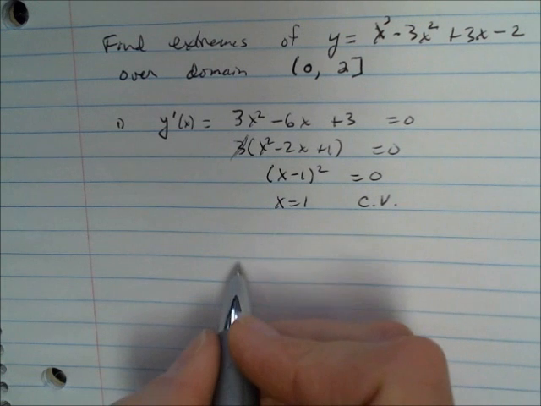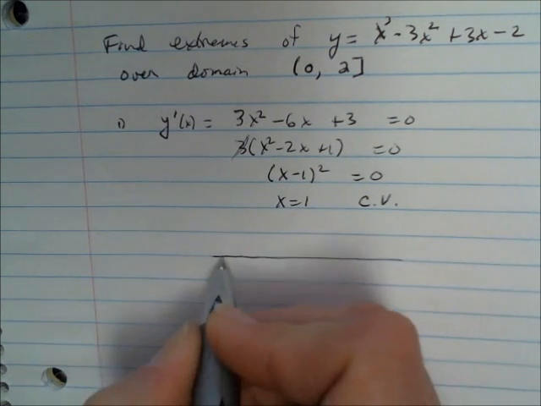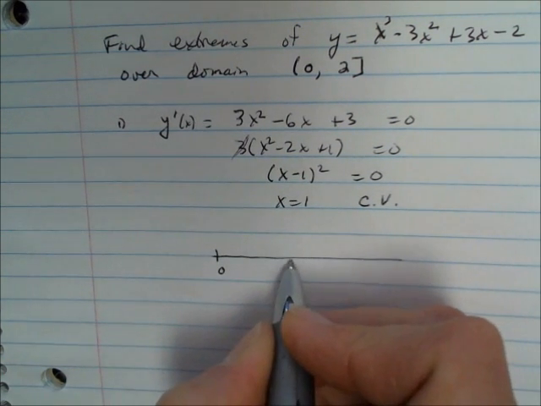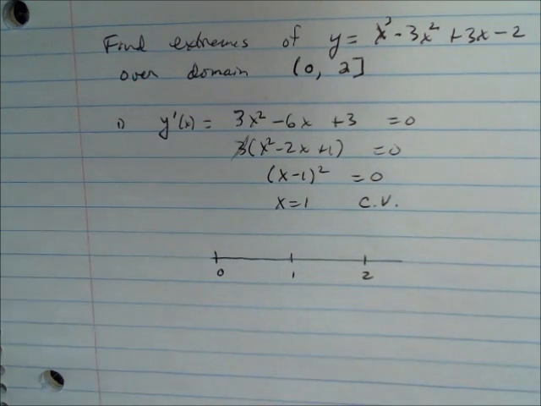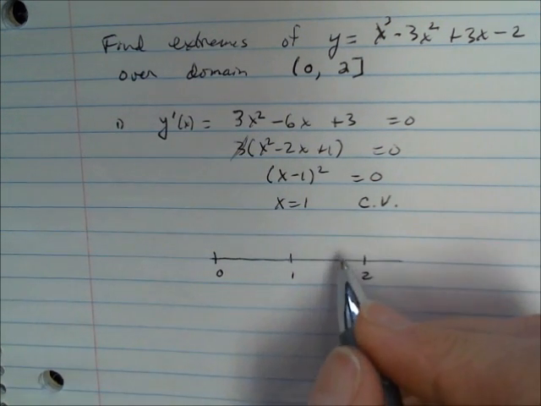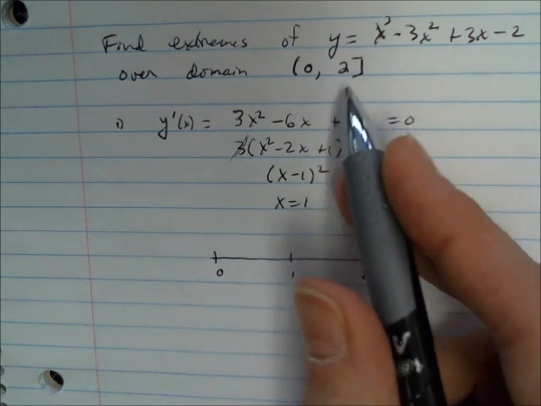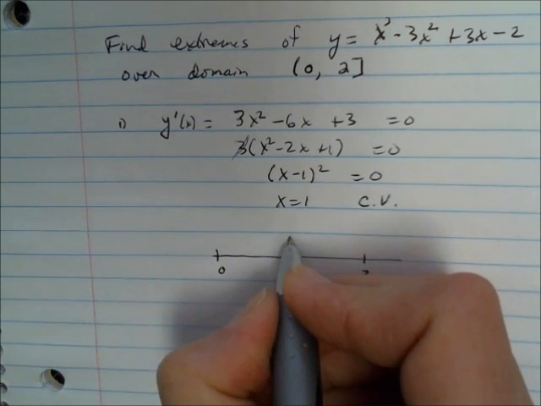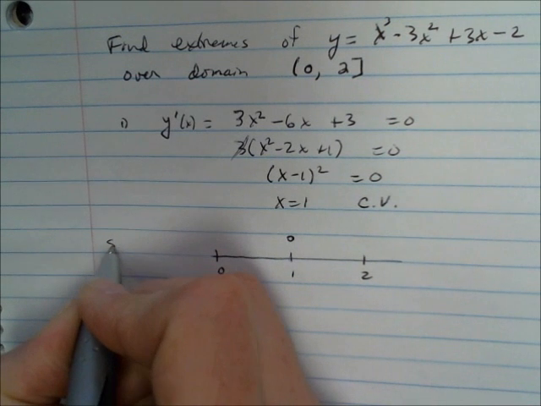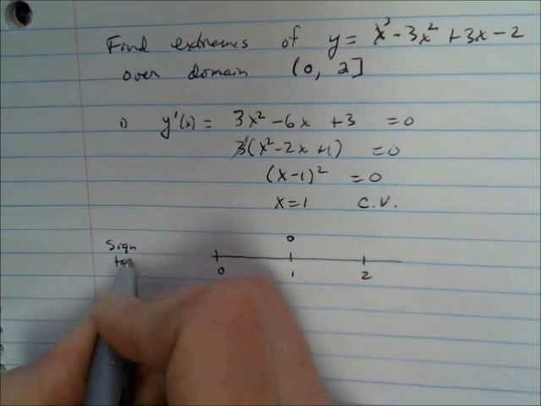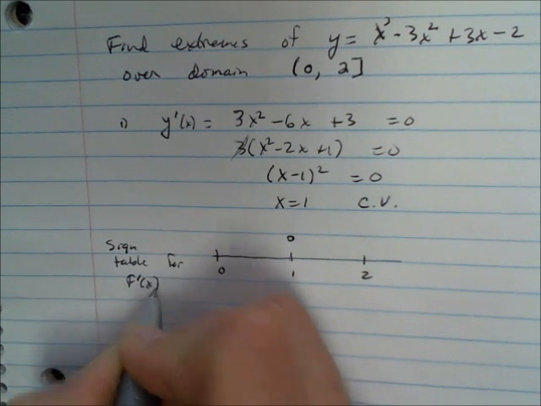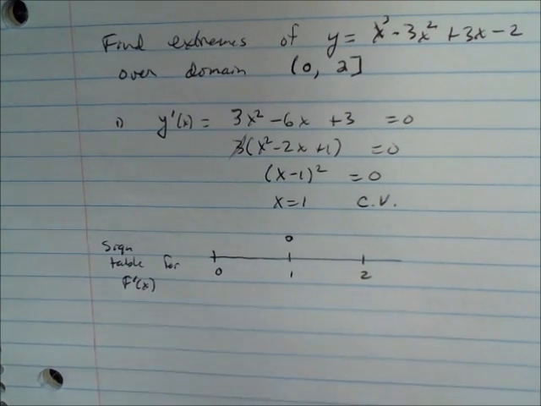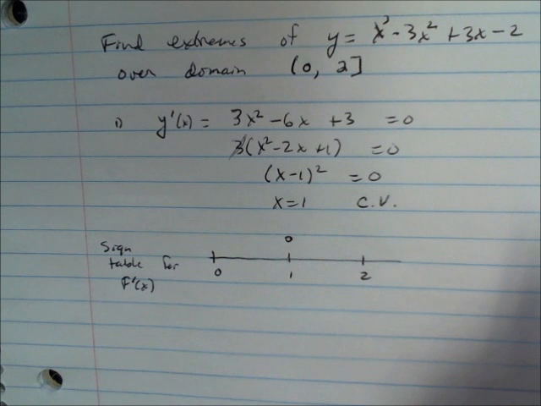But 0 is really not included, even though we're going to take a look at x equals 0, x equals 1, and x equals 2. And if we plug in x equals 1, we know that we have a 0 derivative. This is a sign table for f prime of x, and our sign table is going to help us find the extremes of this.